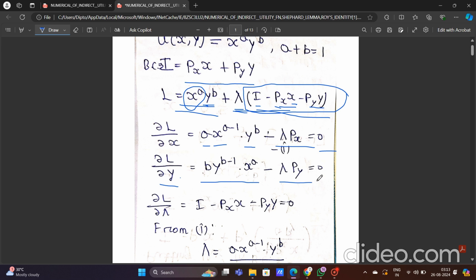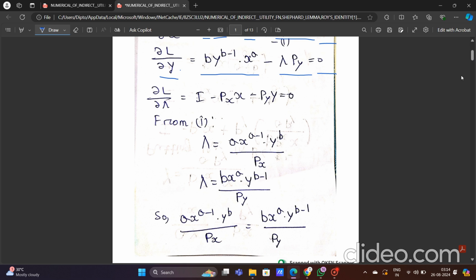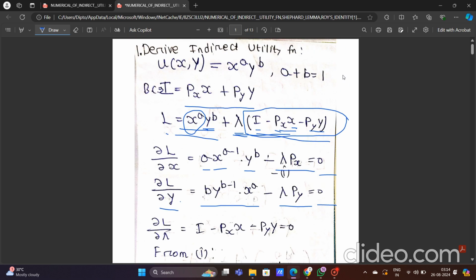And at the last part we are going to take the partial derivative of the Lagrangian with respect to lambda. The term x to the power a into y to the power b will not have any derivative, since it is treated as a constant and lambda is not present in it, so its derivative is 0.